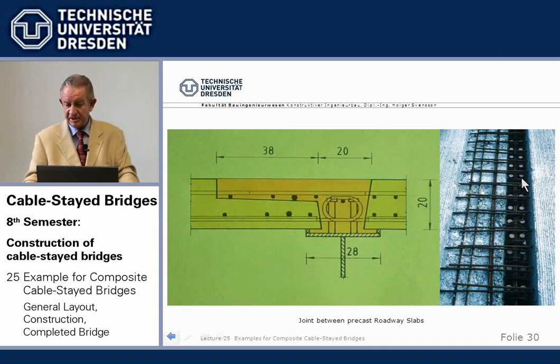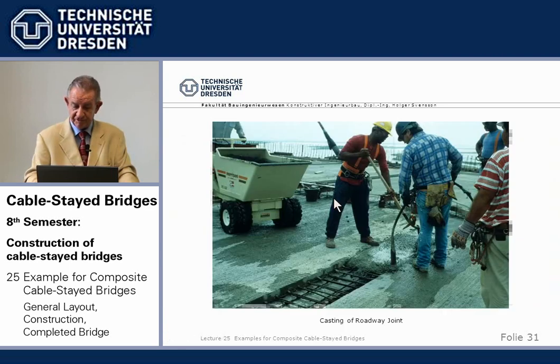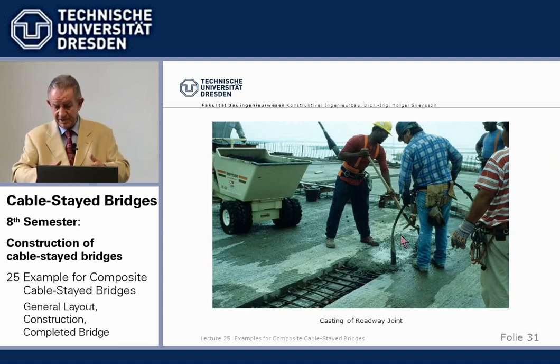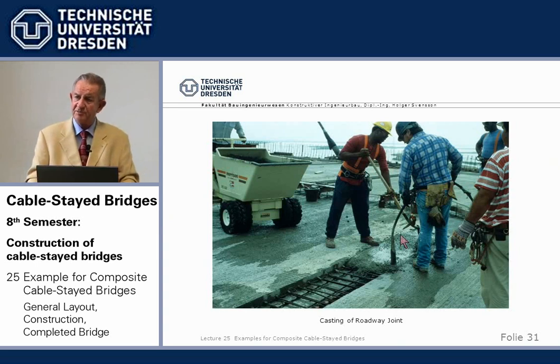We see here the shear studs protruding from the top flange of the cross girder, and then it's cast with special mixed concrete: small aggregate, 0 to 16, super plasticizer, low shrink, and so we did not have crack problems in these joints.